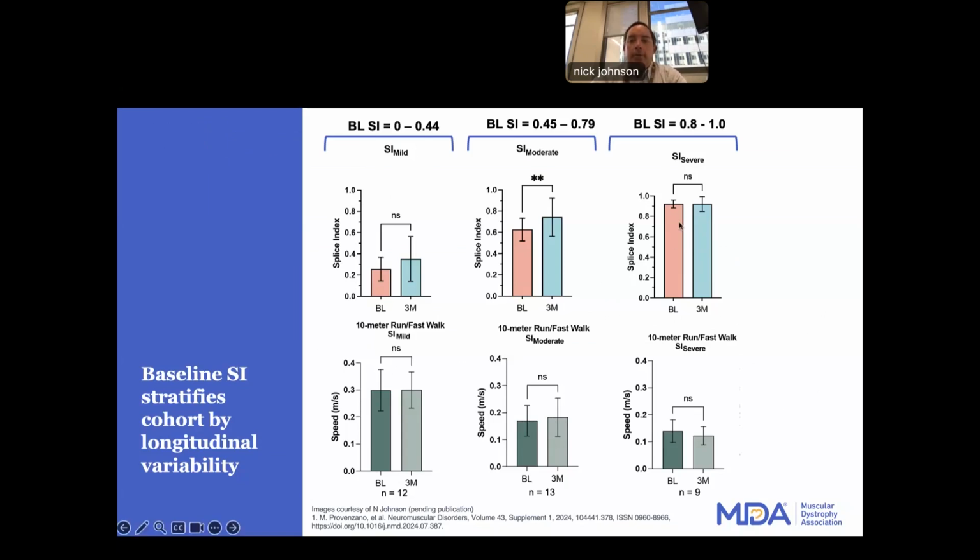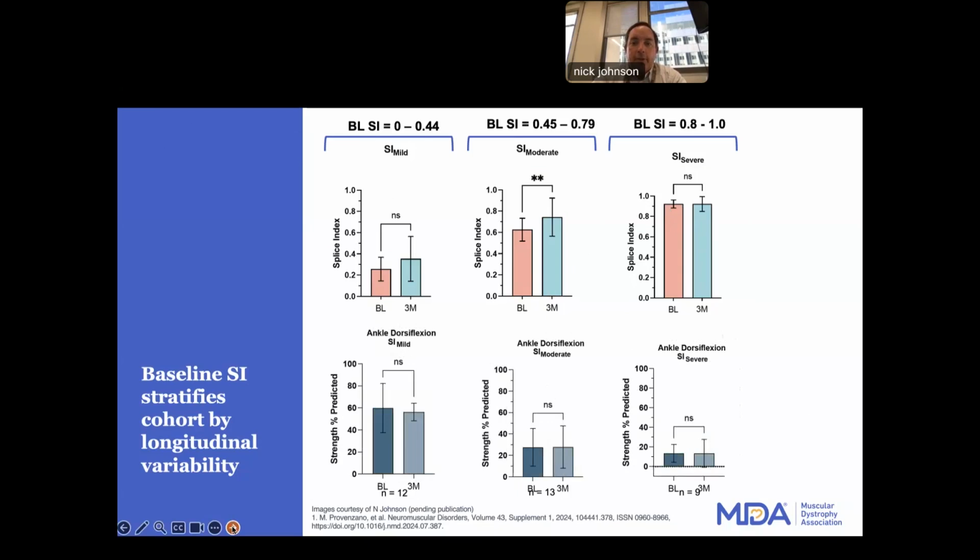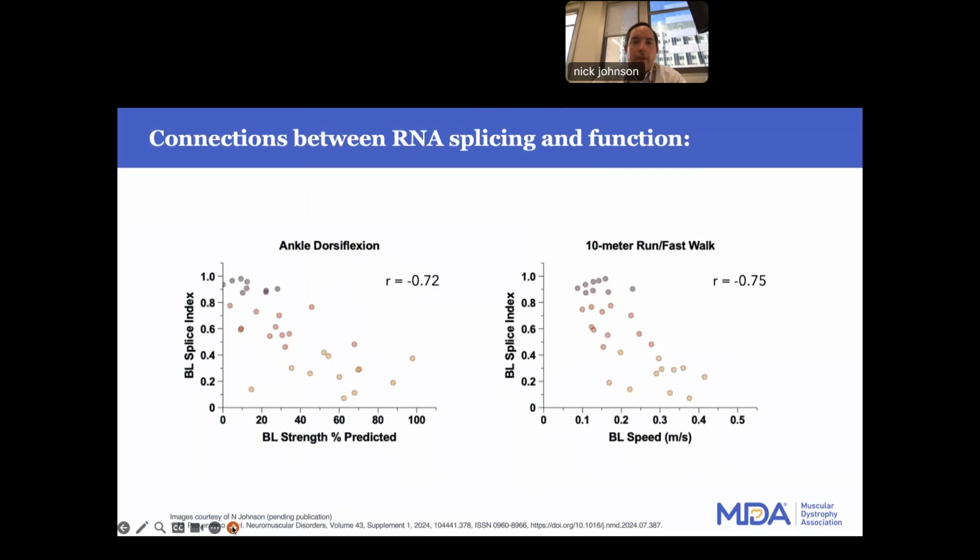And then in the more severe group, again, there's really no change. So this suggests that if you get into that middle part of that parabolic curve, the splicing dysregulation is probably much more dynamic than I think we had previously predicted, even though there's really no change in terms of strength or function.